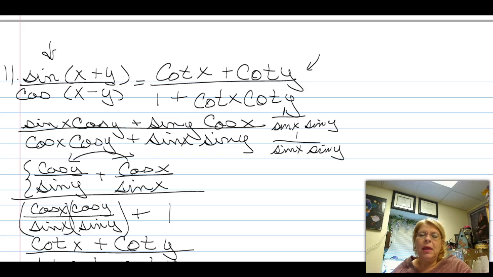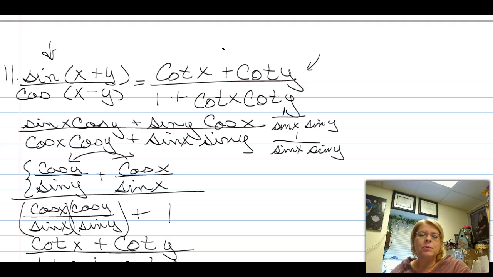First thing I did was look at that cotangent x cotangent y and think, do I have a cotangent of x plus y? And the problem is I have a plus in both of them. I can't have a plus in both of them. If it's a plus in the numerator, it has to be a minus in the denominator. So let's work on the other side.